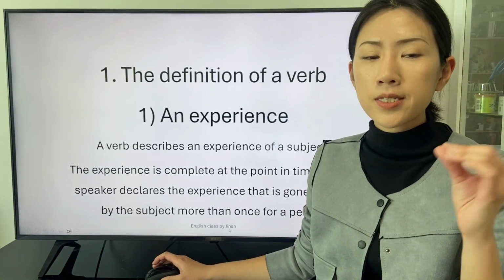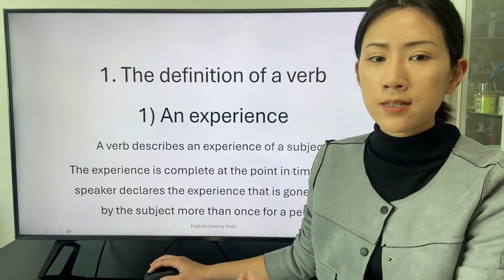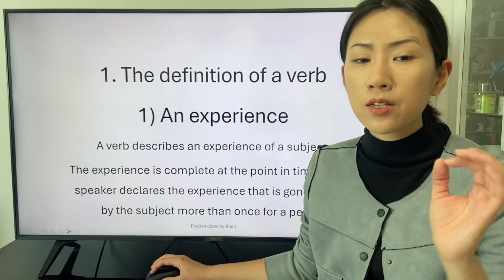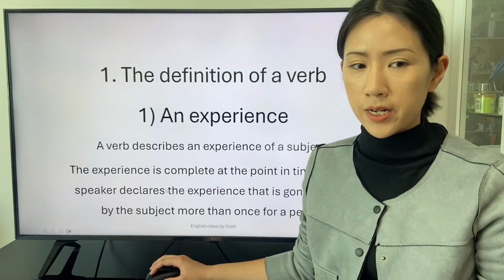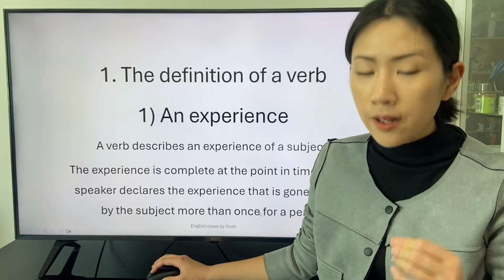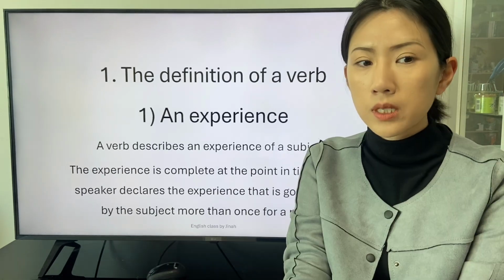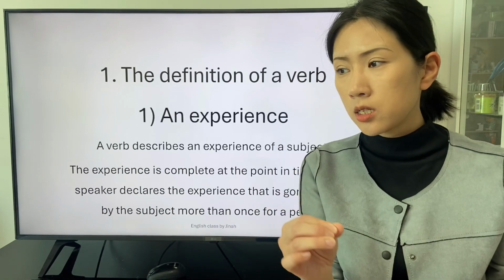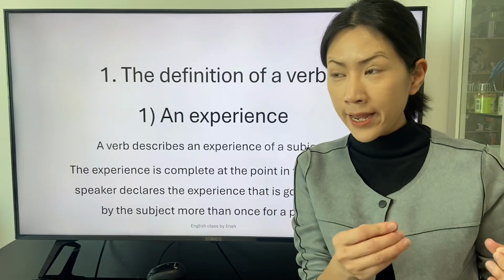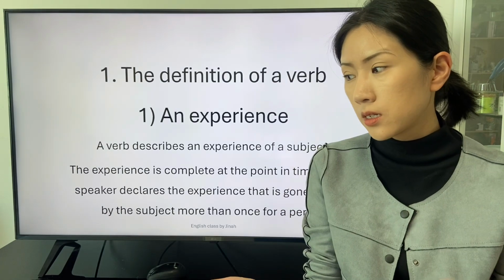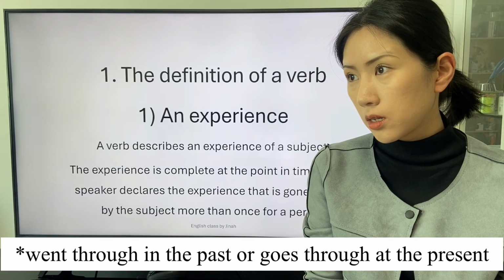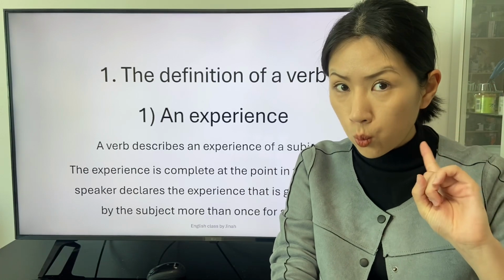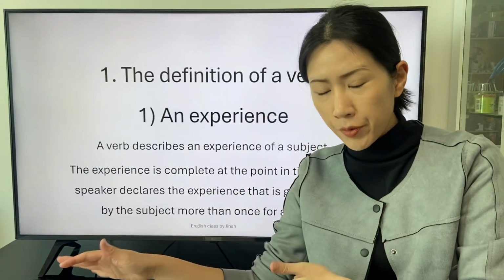The experience is complete at the point in time when a speaker declares that the experience that is gone through by the subject more than once for a period. The experience indicates several things that a subject goes through more than once for a period.